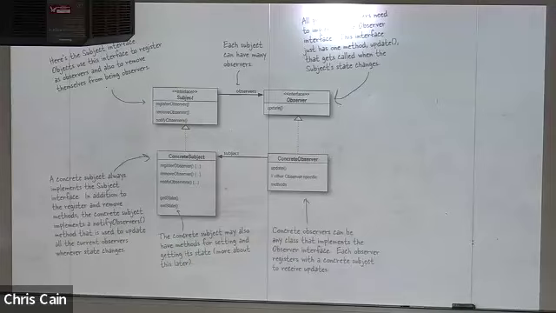So we have interfaces for each of these, a subject and an observer, so that there can be different types of subjects and different types of observers. These can become entire hierarchies if necessary. So we have some kind of concrete subject that has a way of registering a particular observer, a way of removing a particular observer, and a way of notifying all of its existing observers.